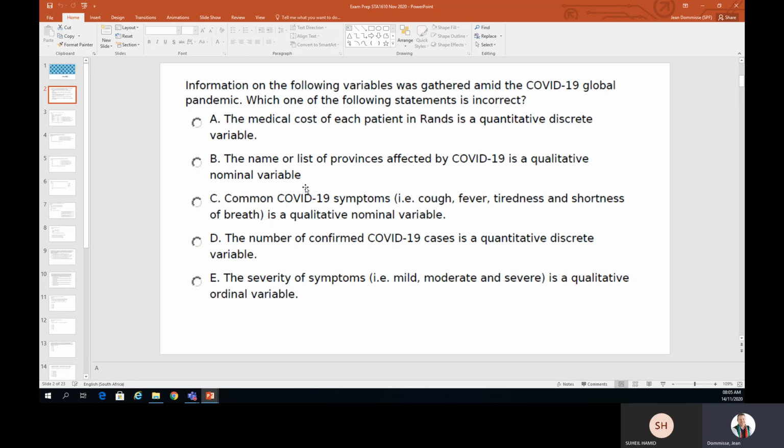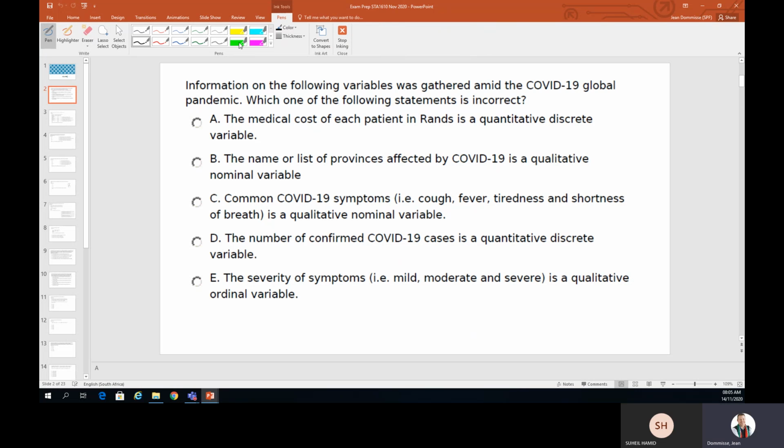Information on the following variables was gathered amid the COVID-19 global pandemic. Which one of the following statements is incorrect? Okay, so again, when we start looking at these things, remember to check when they ask incorrect and when they ask correct. So incorrect: the medical cost of each patient in rands is a quantitative discrete variable.